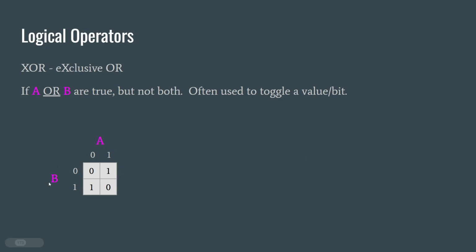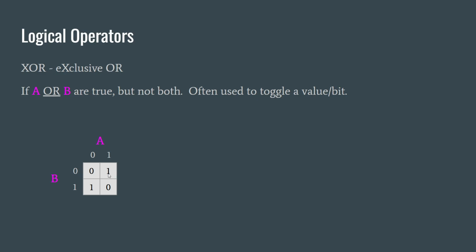So here we have our A and our B, and again they have the possible values of 0 and 1. And so if we XOR these together, 0 and 0 will produce a 0 because neither of them are true. Remember, one of them has to be true, but not both. Here, A equals 1, but B equals 0.